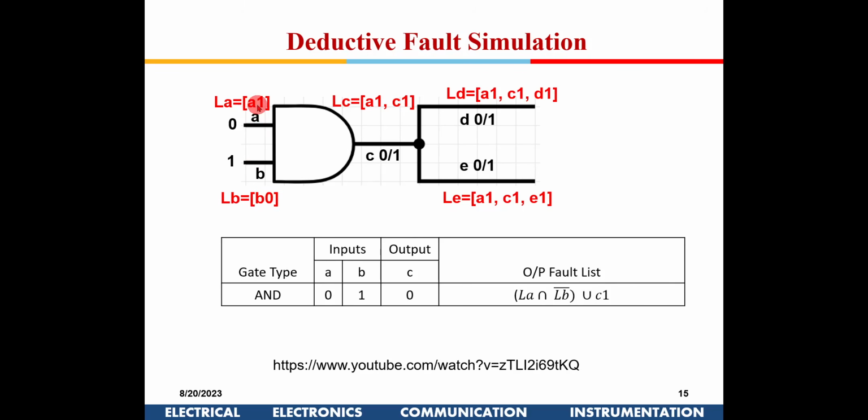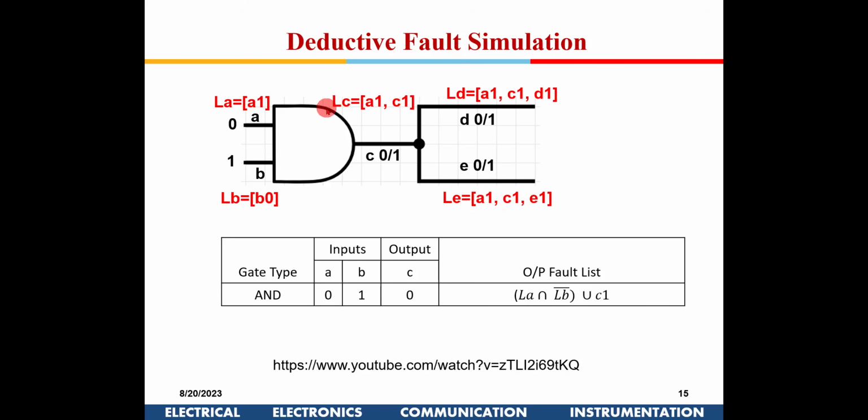It is A stuck at 1 for this particular test vector. This is the notation written out here. From the netlist, it will compute this particular table for this AND gate, and this is how it will move forward.